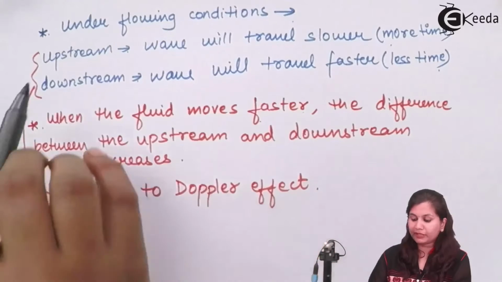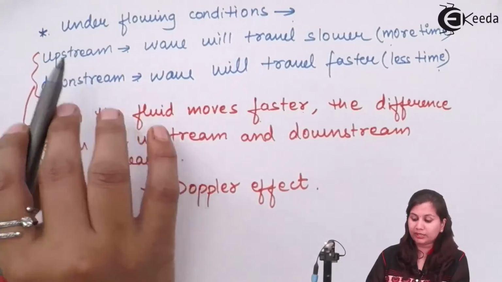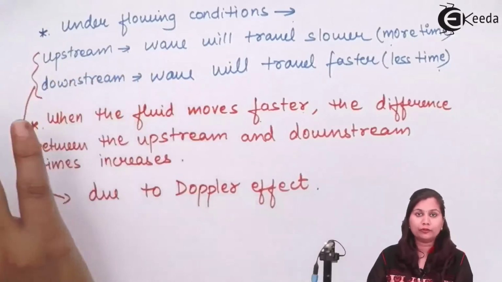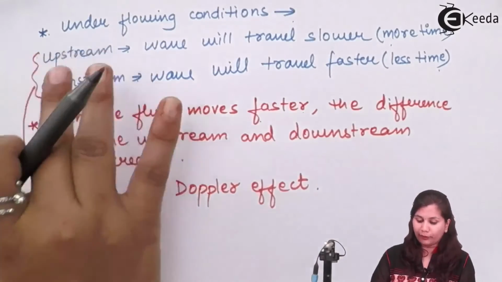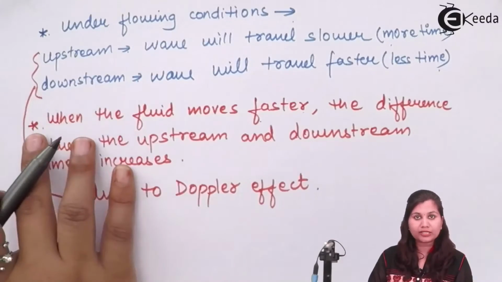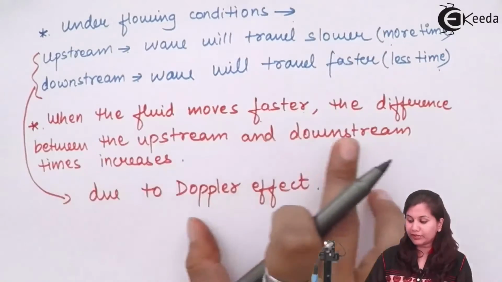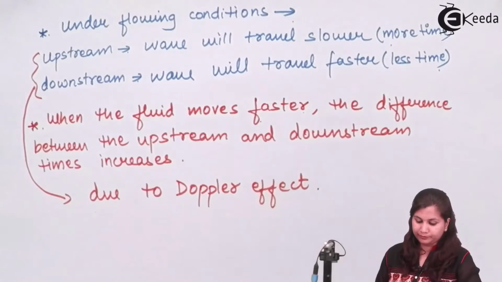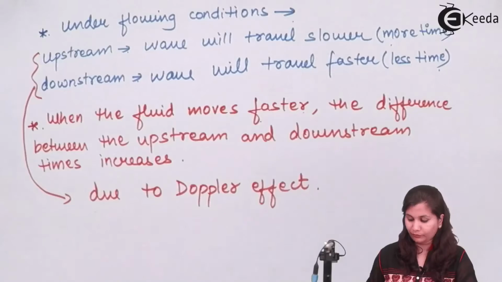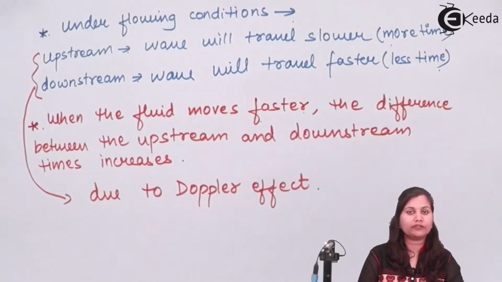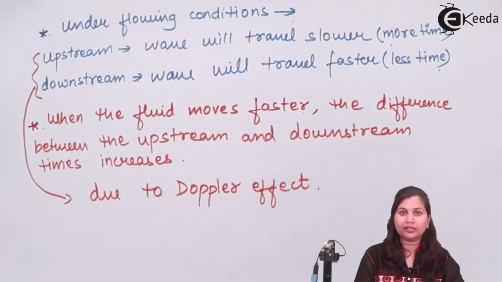So due to the Doppler effect, there will be a difference in the time taken under the flowing conditions, and as the flow of the fluid becomes faster, the frequency shift also increases linearly, and as the frequency shift increases, the difference between the upstream and the downstream times also increases. Okay, so this principle is being used by ultrasonic flow meters to find out the flow rate or the velocity of the fluid flowing in the pipe.